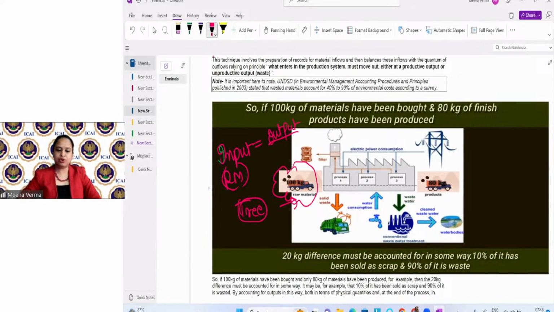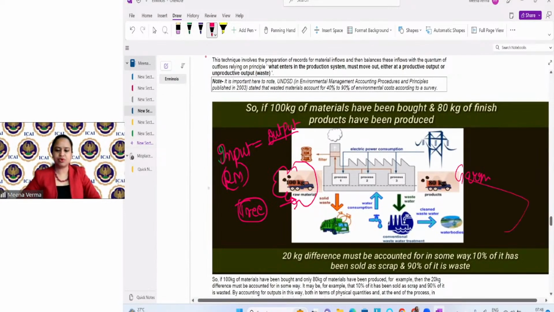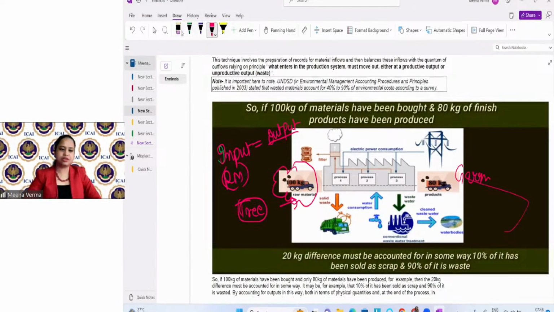Or when you want to produce garments, textiles, goods for the fashion industry, right? Like fabric, you want to produce fabric. So what will happen for the production of fabric? You need raw material, cotton.